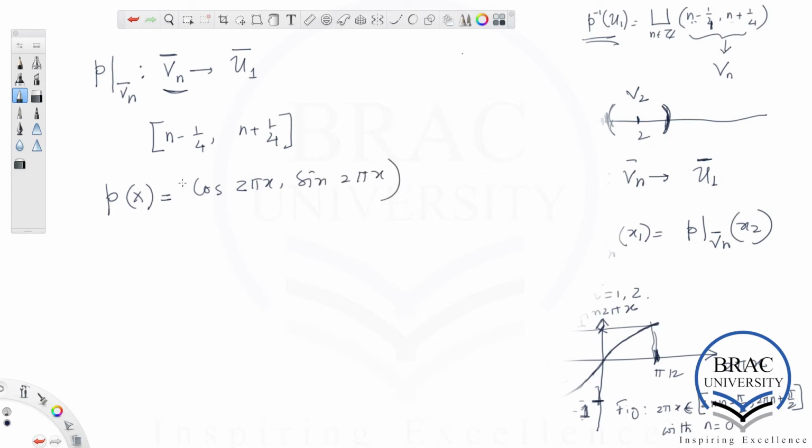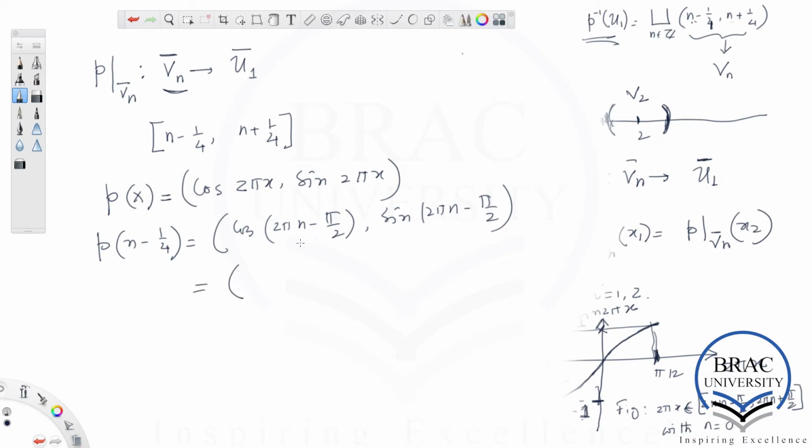Okay, so if you plug in n minus 1 quarter here, you get cosine 2 pi n minus pi over 2, sine 2 pi n minus pi over 2, which is well, cosine minus pi over 2 and sine minus pi over 2.